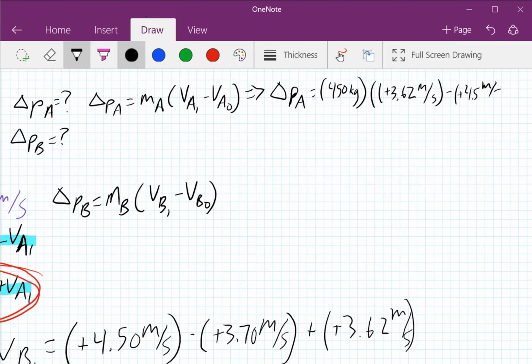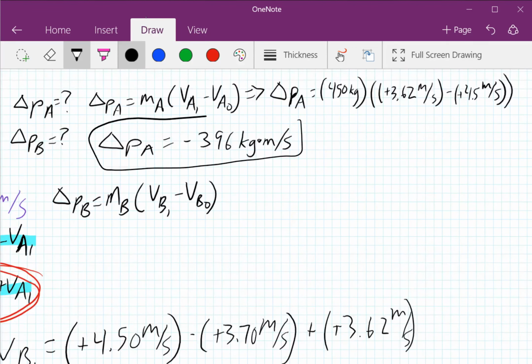So you get a change in momentum for PA of a negative 396 kilogram meters per second. Okay, that's 3 sig figs, so we're good there.